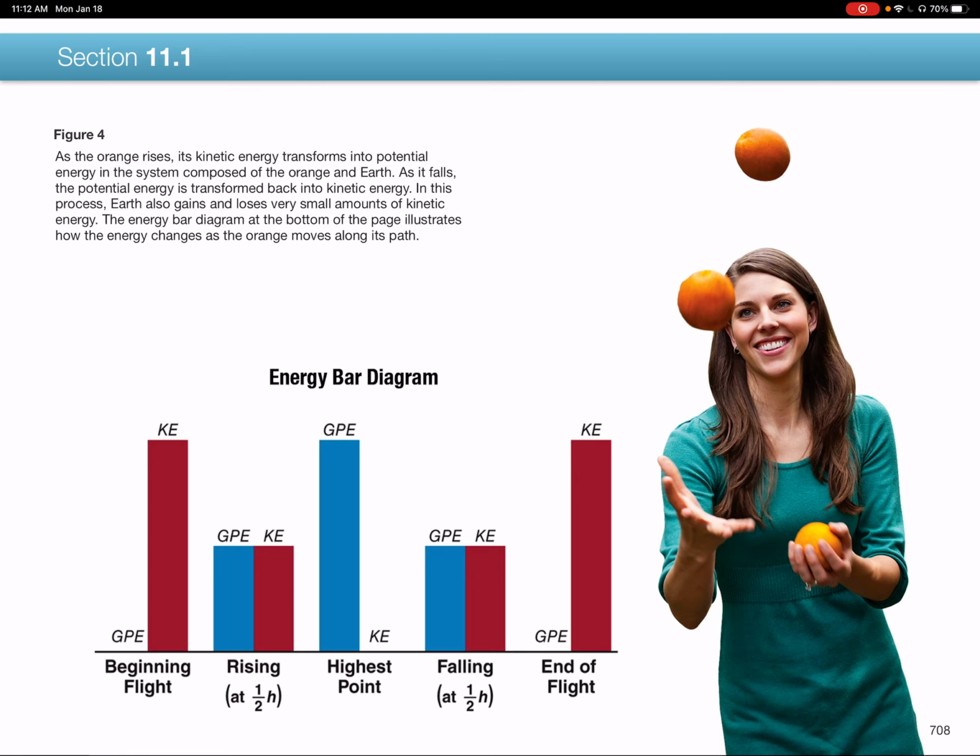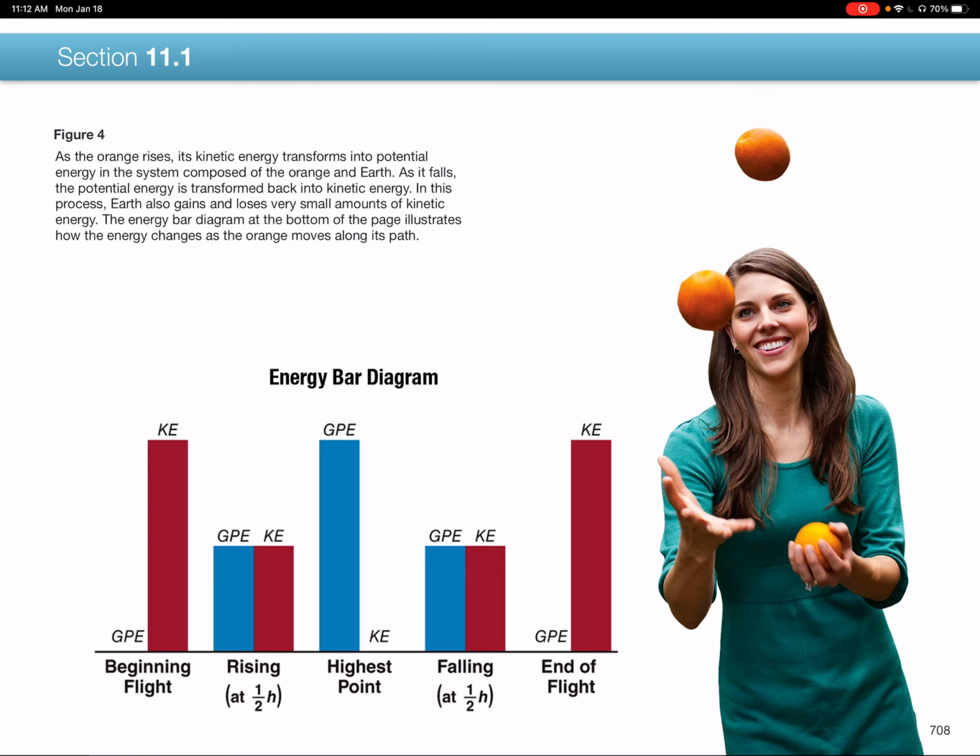So the higher it gets, the more potential energy it has, until it comes to a stop. When it gets to the top of the flight, it no longer has kinetic energy since it's stopped, but it does have its maximum potential energy. And in fact, however much kinetic energy it started with is basically how much potential energy it has at the top, minus a little air resistance and such.